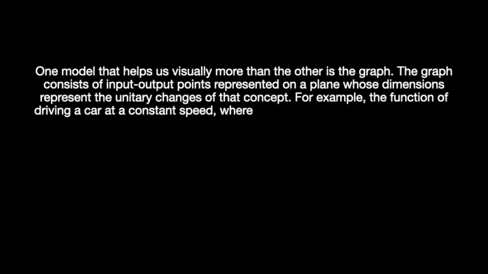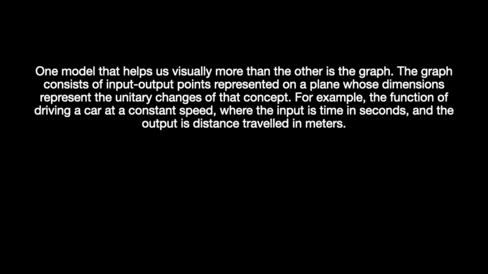So we can see here that there are different visual models of this relationship of the function between the dependent and independent variables. The one model that helps us visually more than the other is the graph. The graph consists of input-output points represented on a plane whose dimensions represent unitary value changes of the concepts that are defining them.